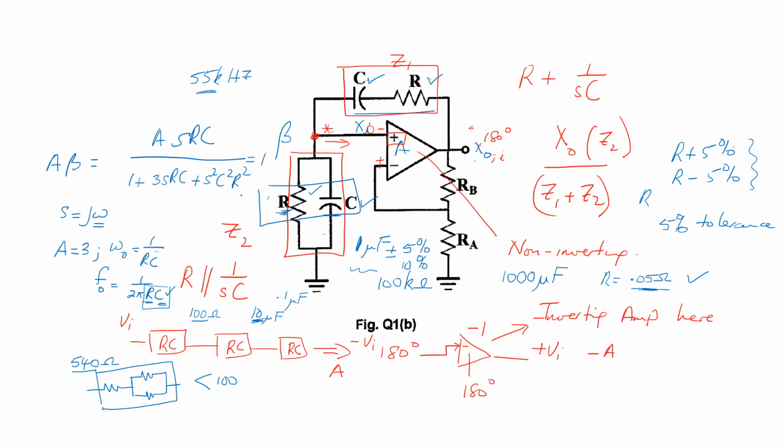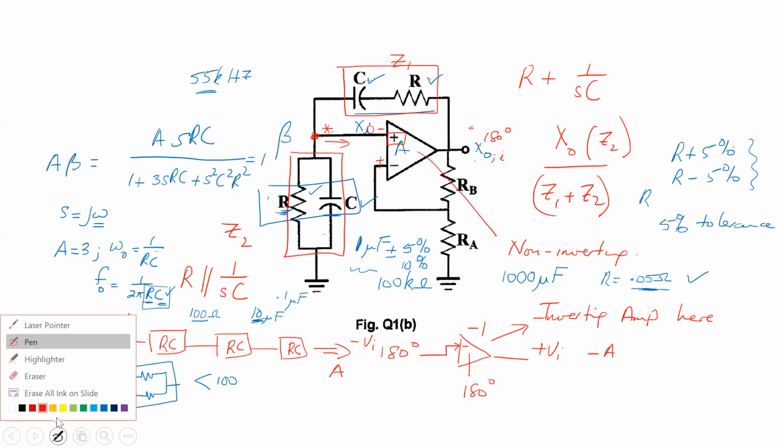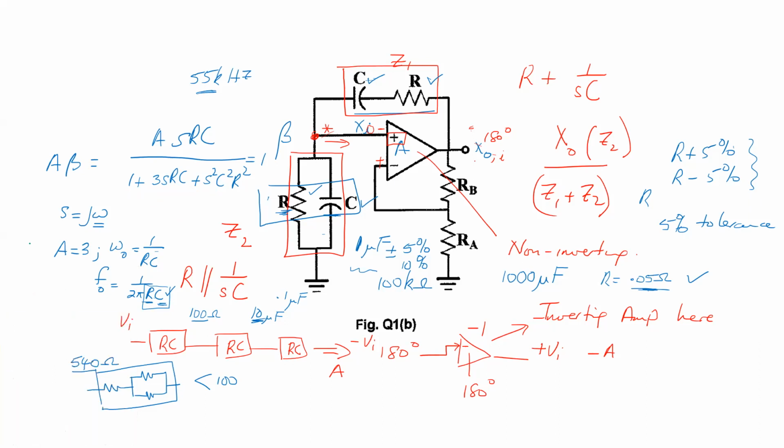Remember, when you substitute, just look at the bottom here. Let me write it in some different color ink, a color we haven't used as yet. Green. If I substitute here, I'm going to get 1 plus 3j omega RC, minus omega squared R squared C squared. And of course you have a j omega on top here, but just for argument's sake, look at the bottom.